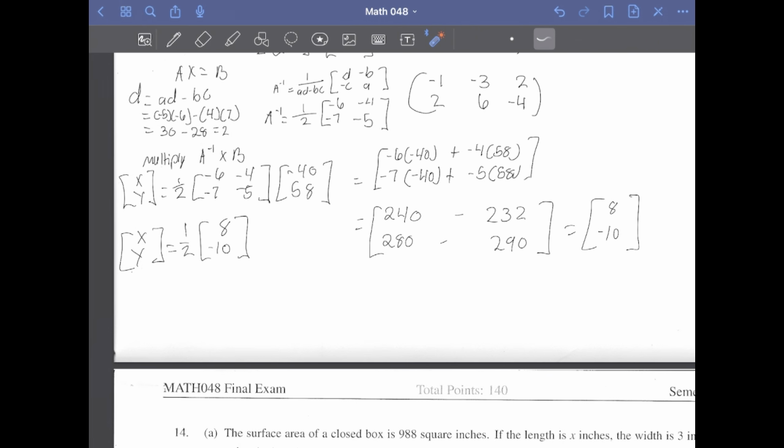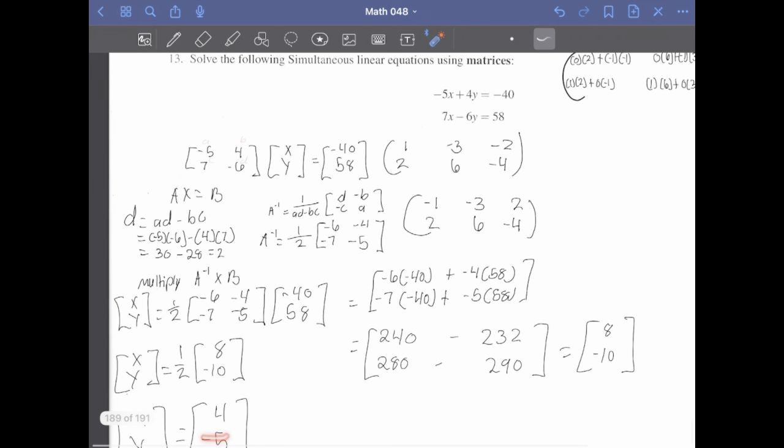That's what we did over here. We're multiplying the two, and we still have to multiply this by the half. So xy is equal to 4, -5. Say your x value is 4 and your y value is -5.